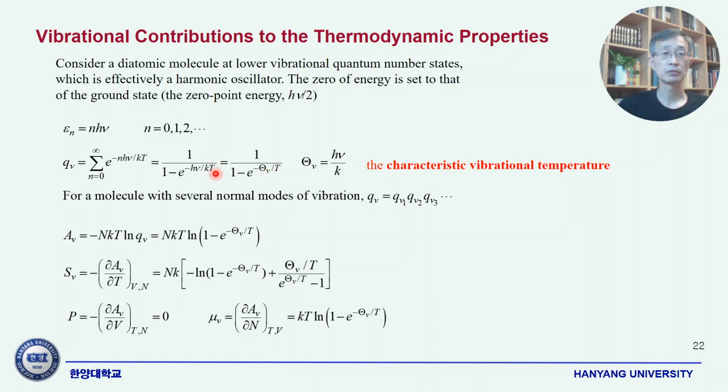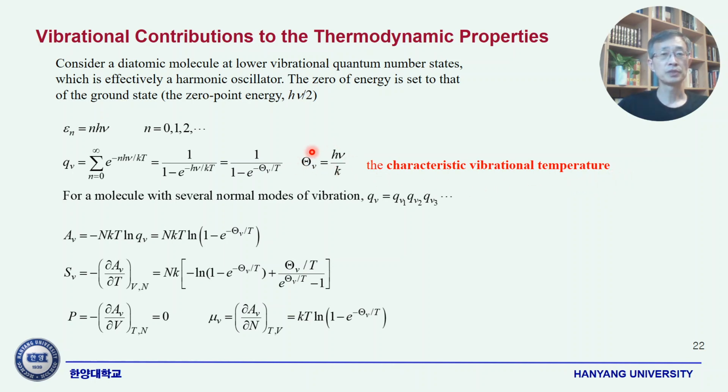And then here we define h nu over k as the characteristic vibrational temperature. Then we have this single term, 1 over 1 minus e to the minus theta nu over T, where theta nu is h nu over k, the characteristic vibrational temperature.